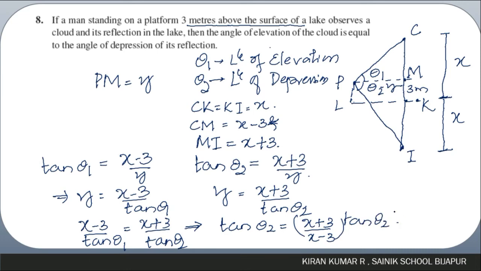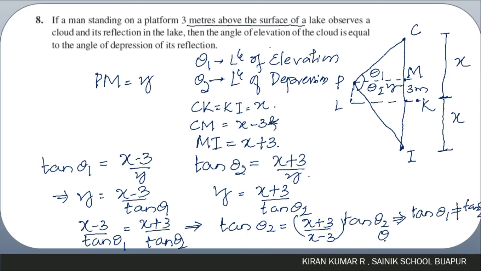What do you understand from this statement? I can just say that tan theta 1 and tan theta 2, they are not equal. Had it been x plus 3, they would have got cancelled and we would get theta 1 equal to theta 2.